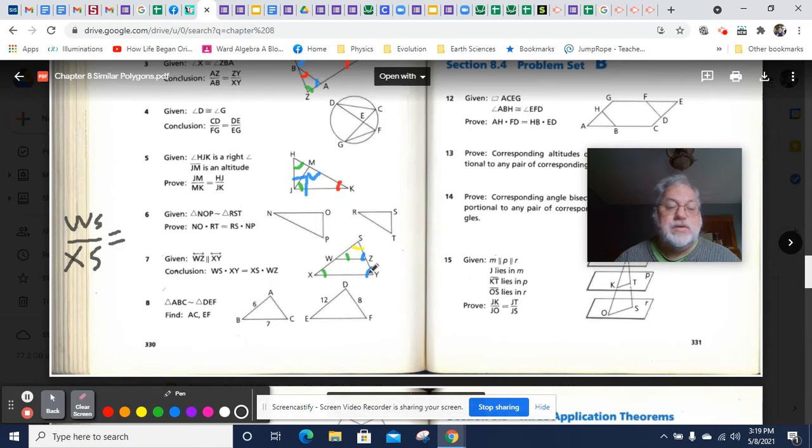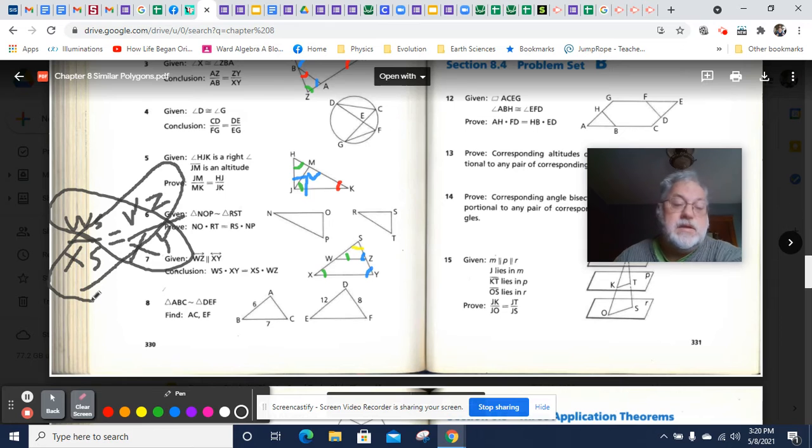XY is for the big triangle, so we're going to want to use the WZ. So small to big helps us organize it all. And so WS times XY, that's the product of the extremes. XS times WZ, that's the product of the means. So that's the means-extremes product theorem.